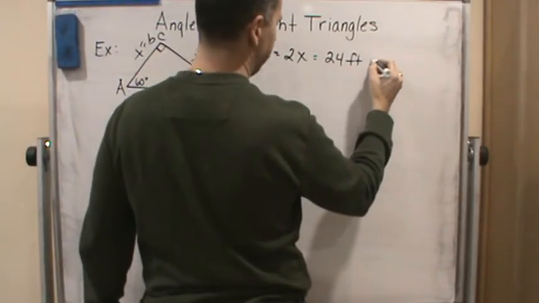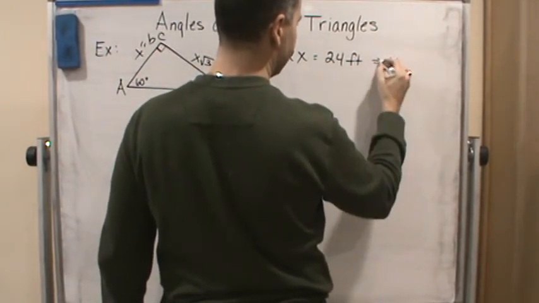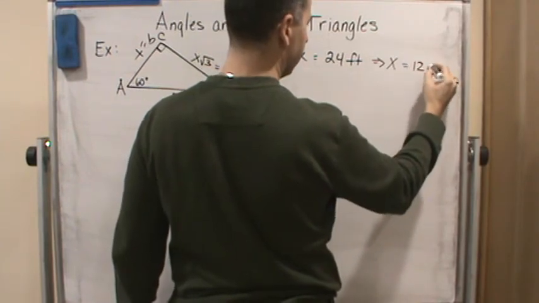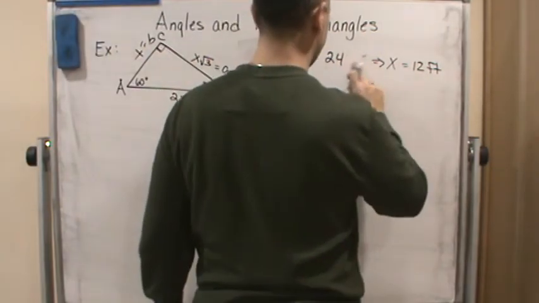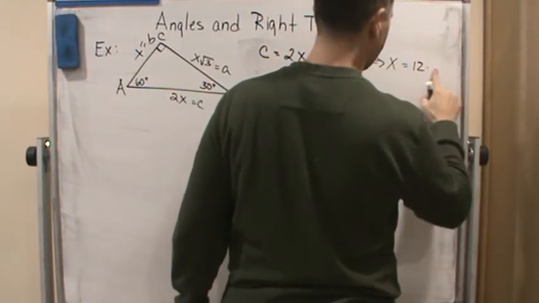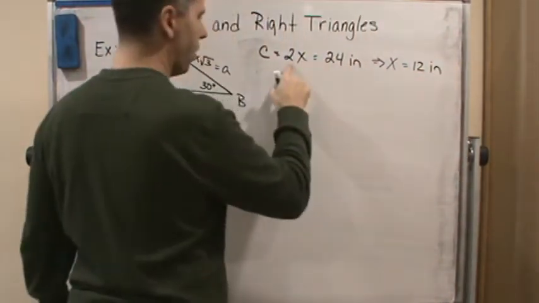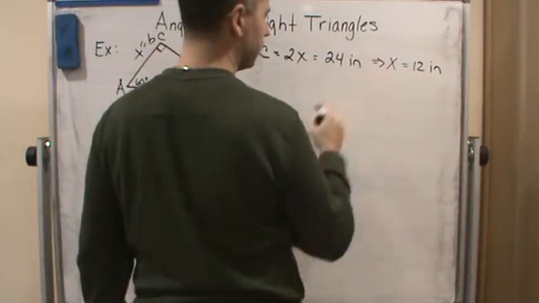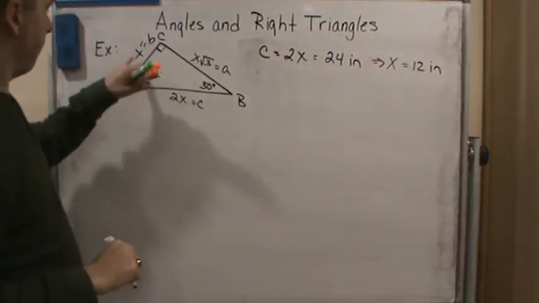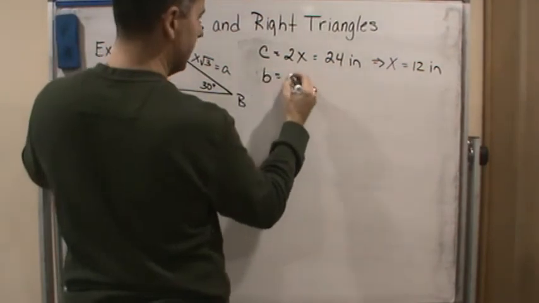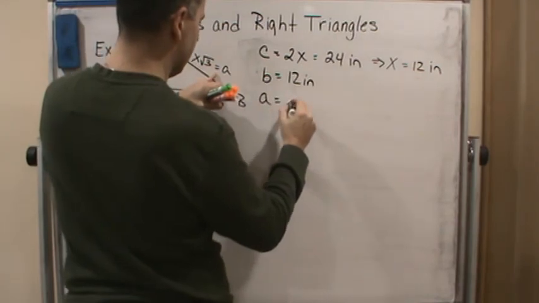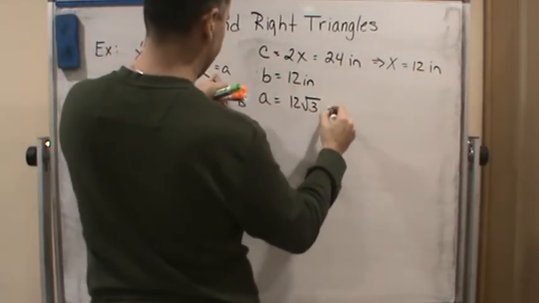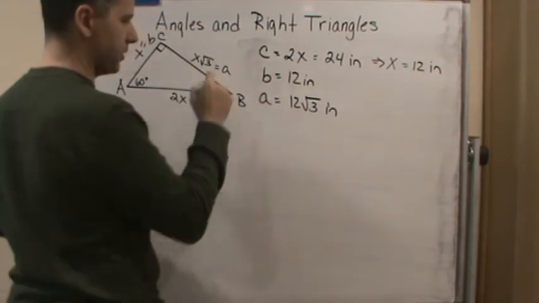We're still going to get the same X, which is 12 inches. All we have to do is divide by 2, and we get X equals 12 inches. And then B is equal to 12 inches, not A. And A is equal to 12 times the square root of 3 inches. So I just got these backwards.